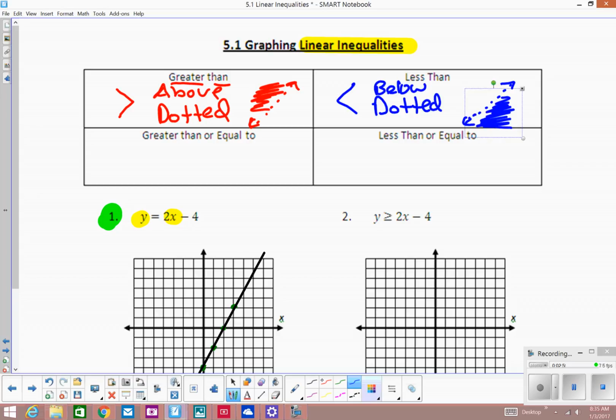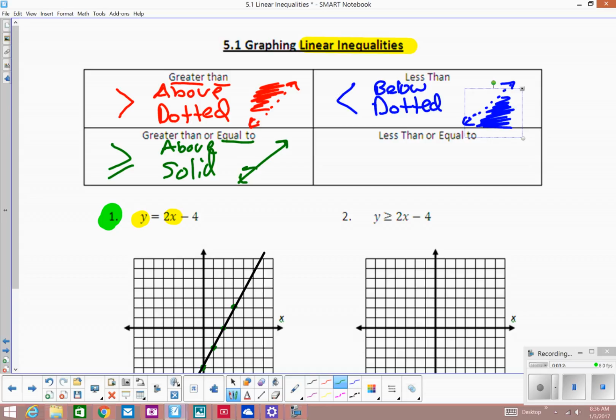Awesome. So now let's look at greater than or equal to. Greater than or equal to is my symbol that looks like that. Since it's greater than, I'm still going to shade above, but since it's or equal to, it has to be a solid line. So it's going to look very similar to how we graph a line like that.